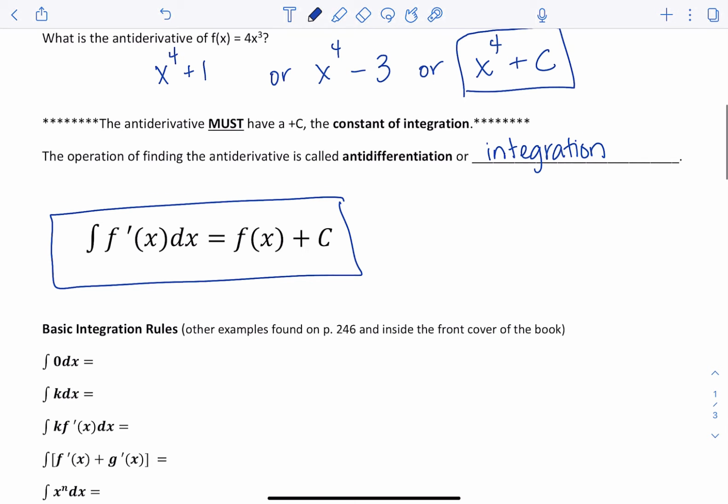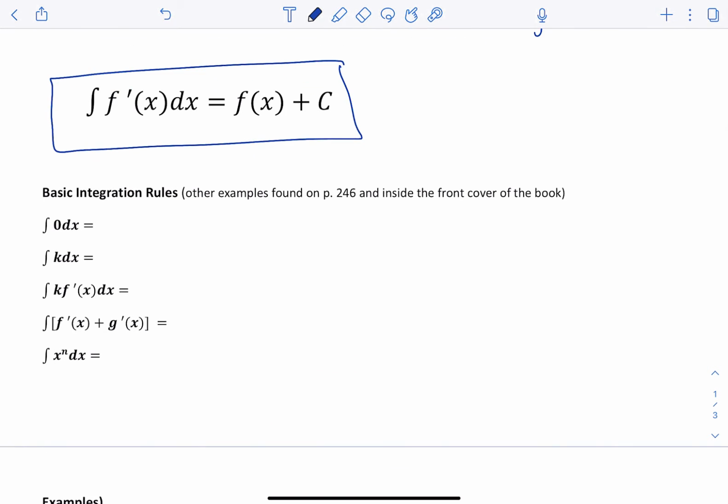So what are a few of these basic integration rules? Well, the antiderivative of 0 would just be c, because the derivative of c gives you 0. So any constant would have a derivative of 0. Now, if you had just some constant like k, it could be 3, 5, 17, whatever, this will go to kx plus c, because what's the derivative of kx?